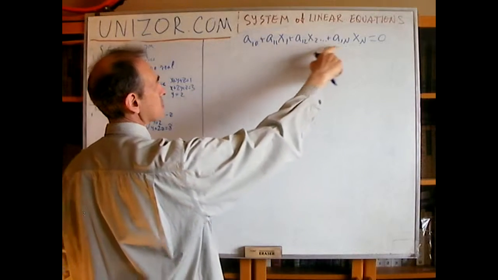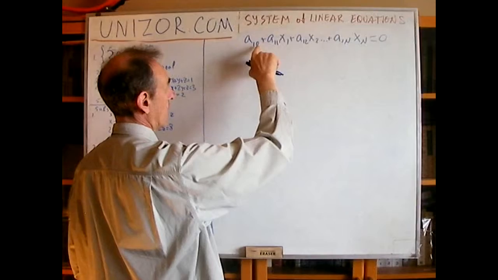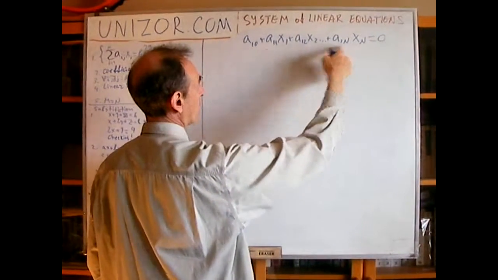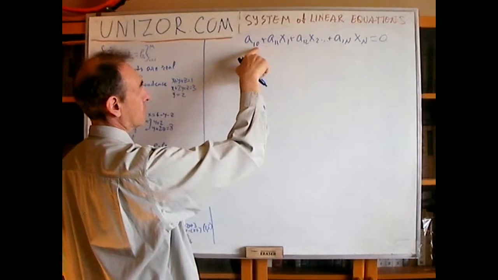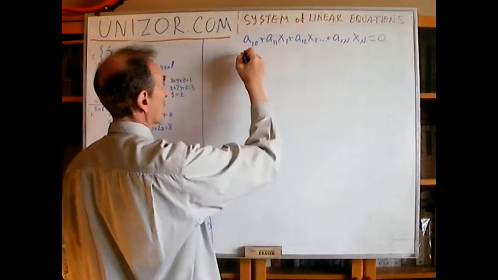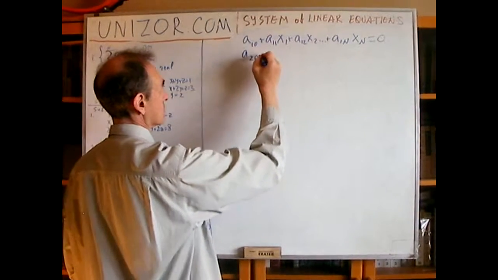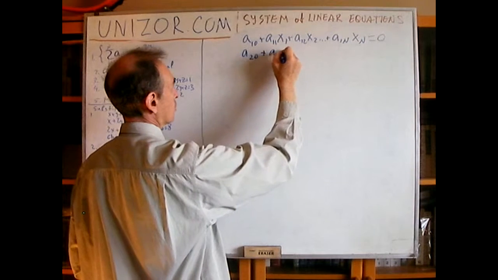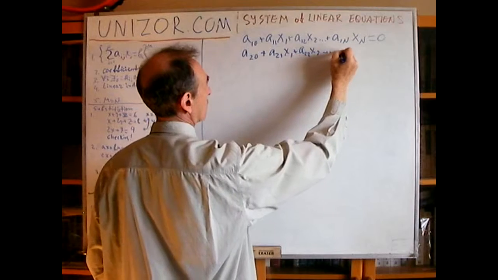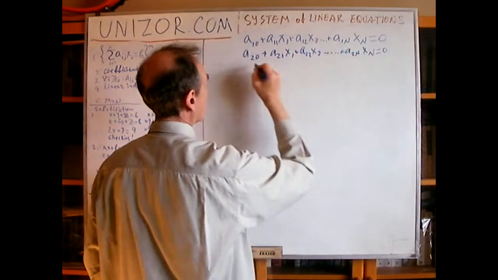The indices and the coefficients are: the first index is the equation number, and the second index is the variable number. In addition, I put index 0 for just a constant. Now, the second equation would be a2,0 constant plus a2,1 x1 plus a2,2 x2, etc., plus a2,n xn equals 0, etc.